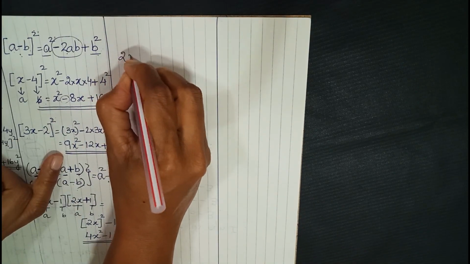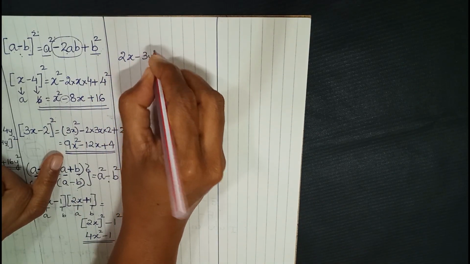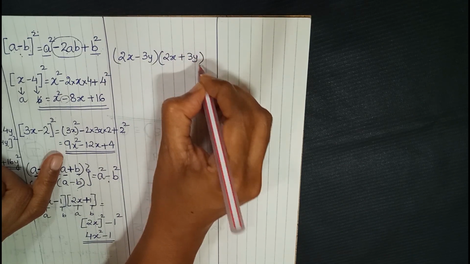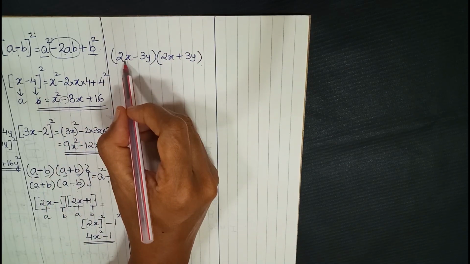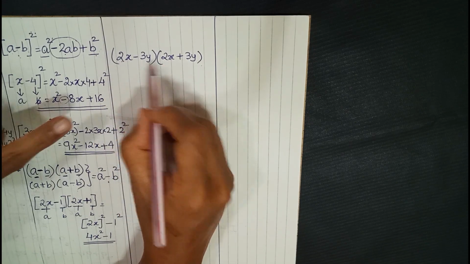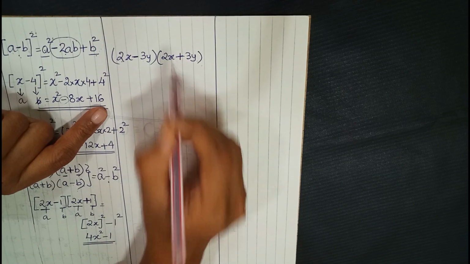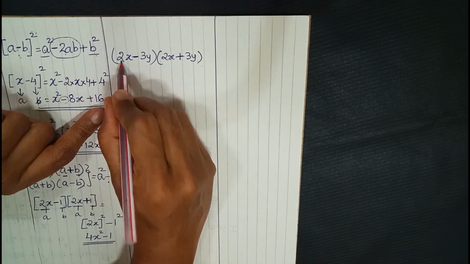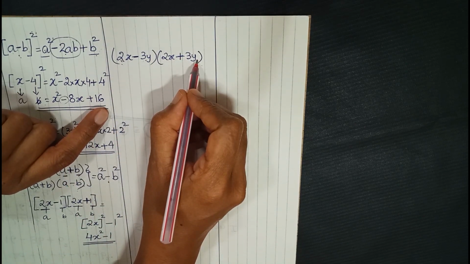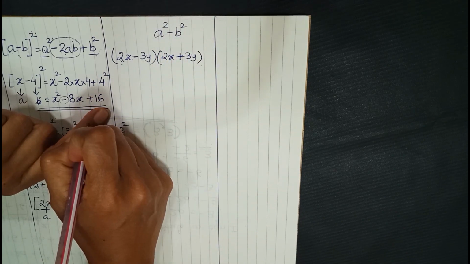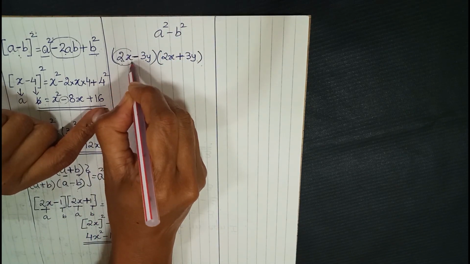Let's take another example. Let us say 2x minus 3y in the first bracket, 2x plus 3y in the second bracket. Now again you can see 2x is same and 3y is also same in both the brackets. One is having minus, the other is having plus. So it is in the form a minus b, a plus b. So definitely we can use the formula a square minus b square. So what is a here? 2x.